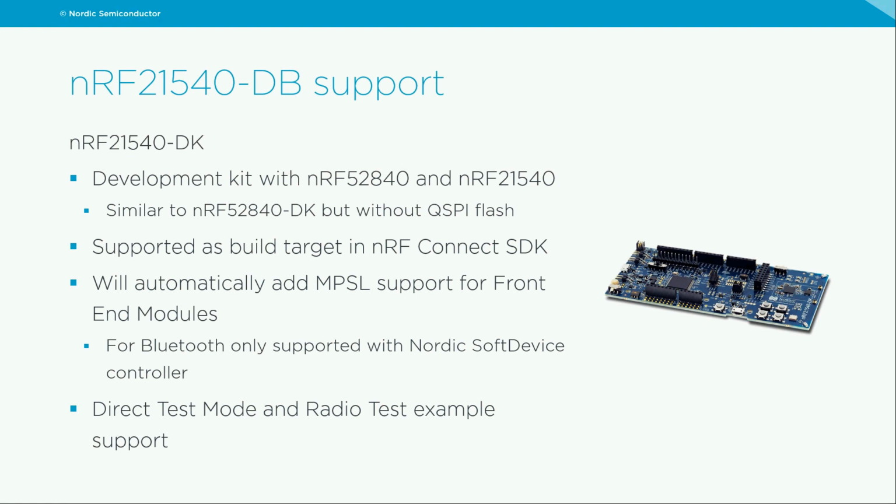This is supported as a build target in nRF Connect SDK. So if you try to build any sample in a Connect SDK and you choose the 21540 DK as the target, we will automatically add the MPSL support for Bluetooth, for Thread and Zigbee and so on. And it will be part of your project and you will build it and the front-end module will be there.